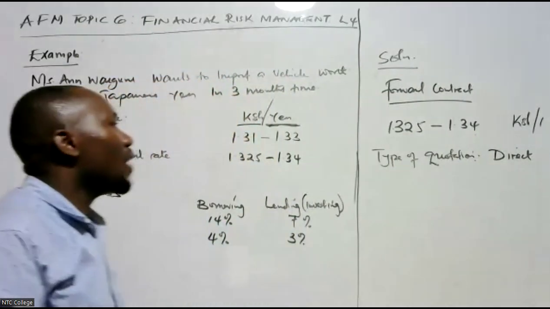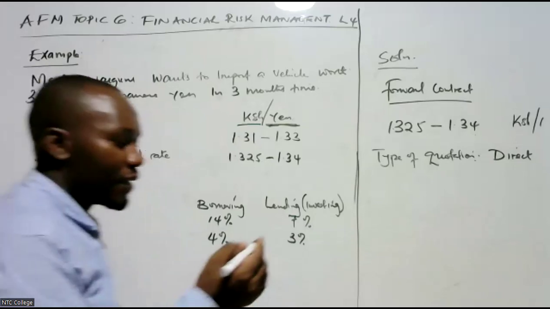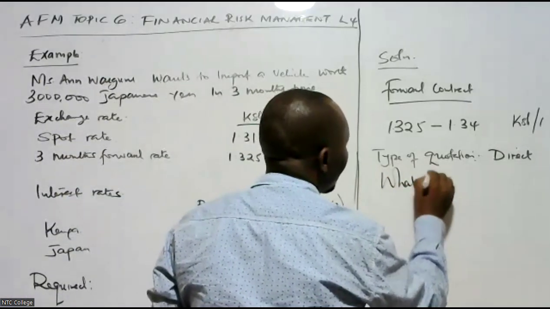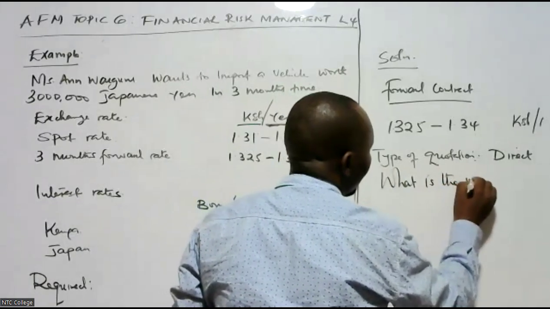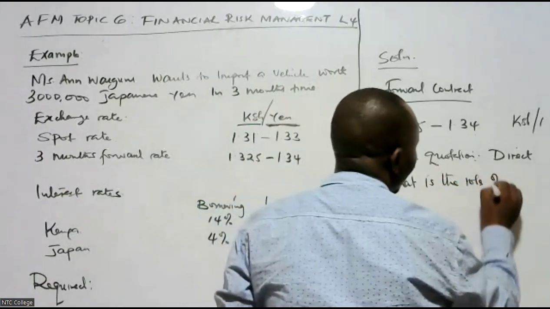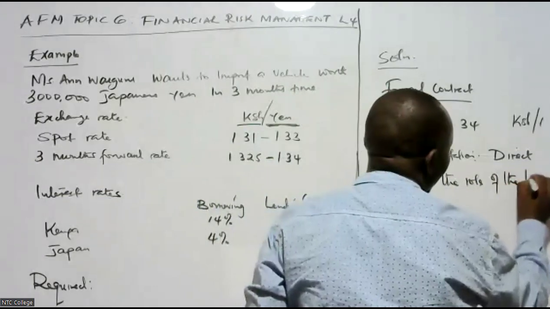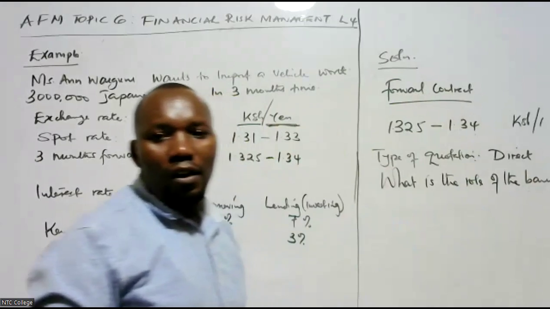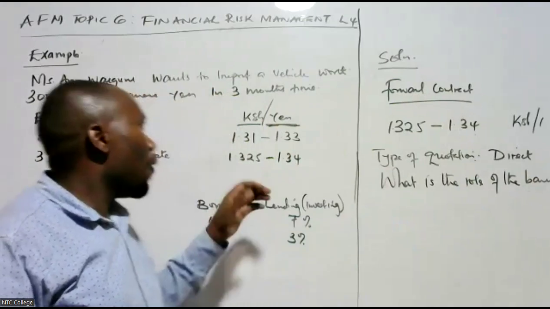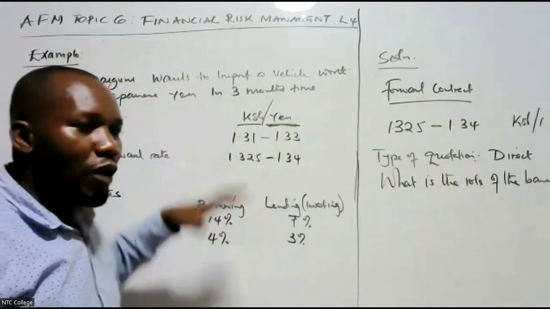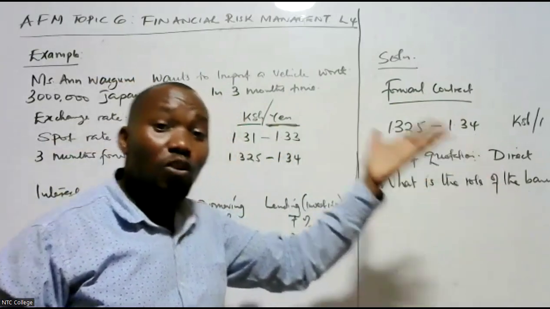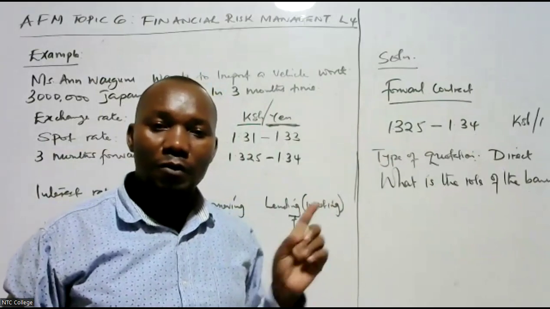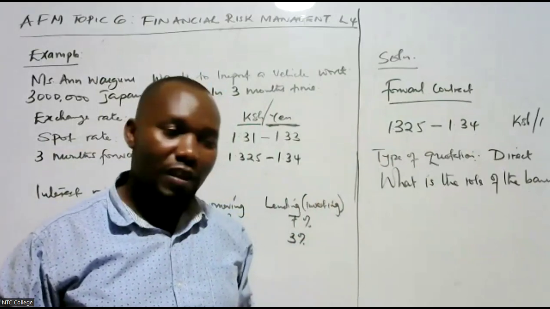Now, the next thing that you need to ask yourself: what is the role of the bank? Now, for any payment, when you want to make any payment, you'll go to the bank and tell the bank, I need to import some motor vehicle from Japan, but I only have Kenyan shillings.